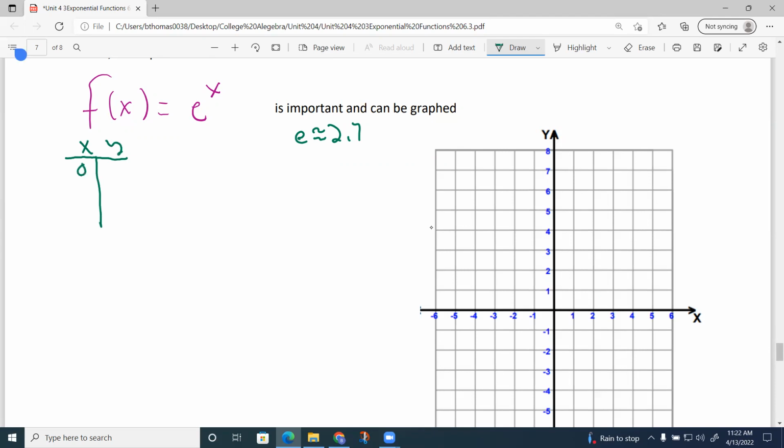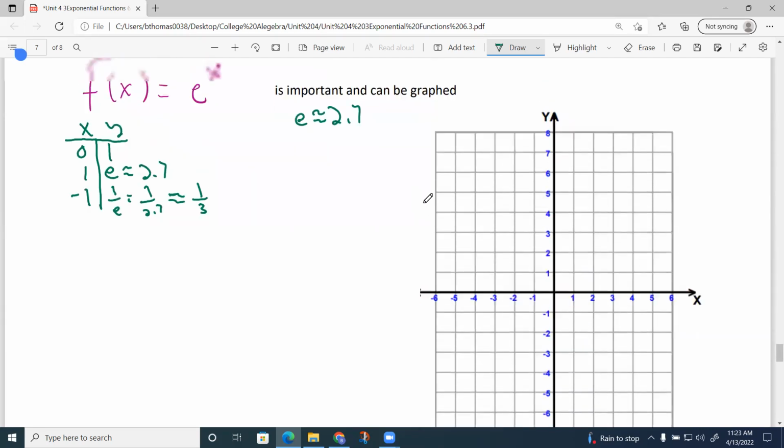And 0, 1, 1 would be e, which is about 2.7. And -1 would be 1 over e. And that would be like 1 over 2.7, or we'd say that's about 1/3. So that gives me a little bit of an idea about where to graph that point.